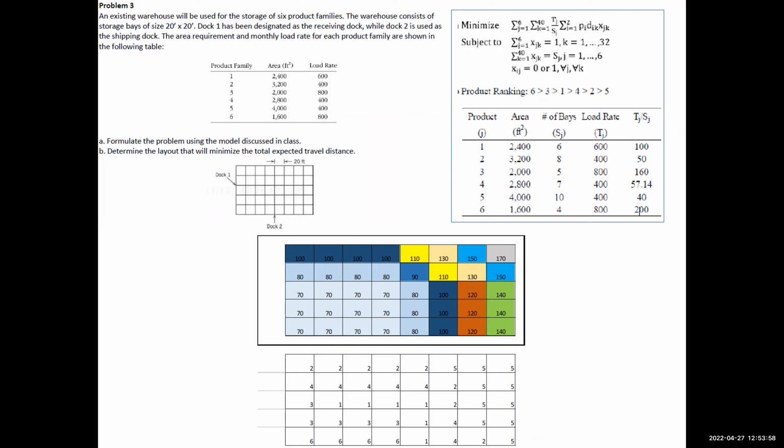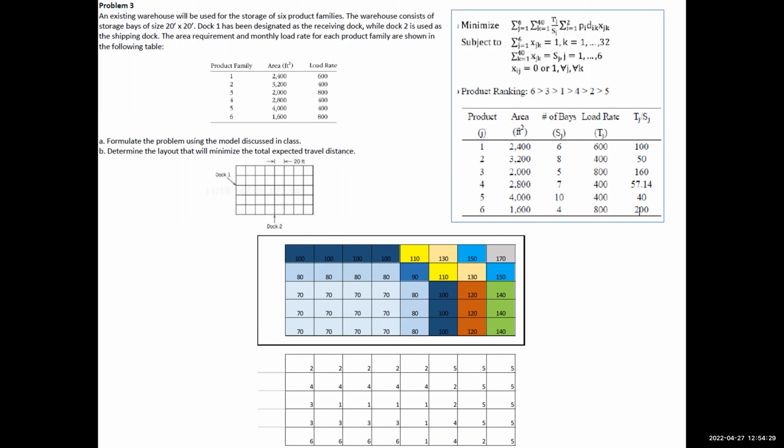The problem is asking, first, to formulate the problem using the model discussed in class. The formulation has an objective function that is trying to minimize the total travel distance, or the total weighted distance, inside the warehouse. That's the summation of Tj over Sj, and then the summation of this multiplication, Pi Dik, Xjk.